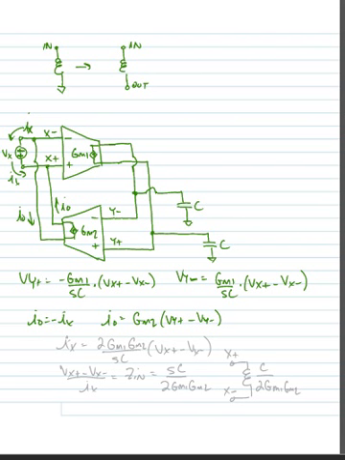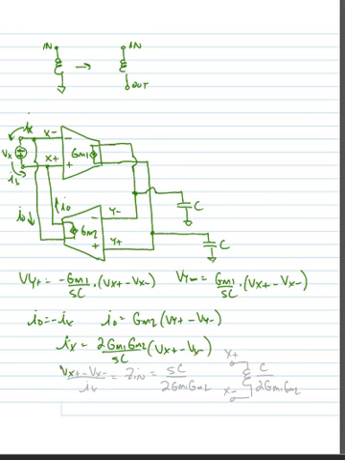And hence we can say Ix is equal to 2 times GM1 times GM2 divided by SC times Vx plus minus Vx minus.